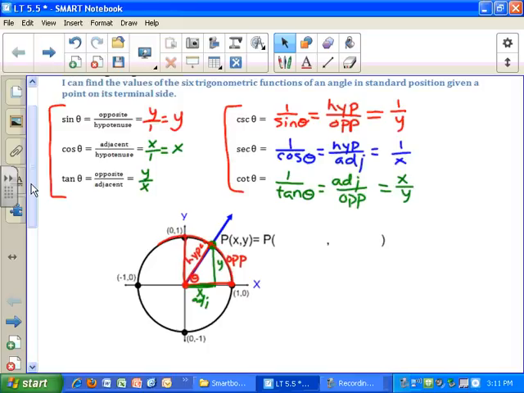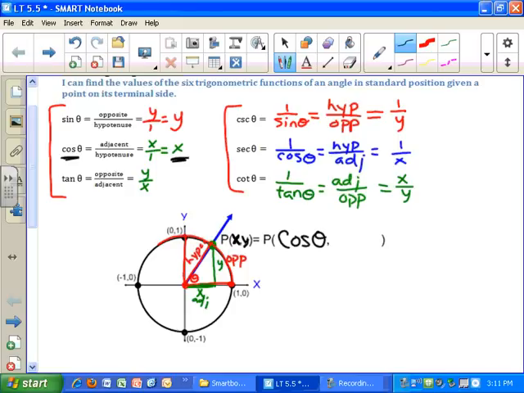Okay. So if you look at this value, if we say that x is our x coordinate and y is the y coordinate, could I replace x with anything else? Well, what does x equal? X equals the cosine of theta. So we could actually replace that with cosine of theta, and we could do a similar thing with y.